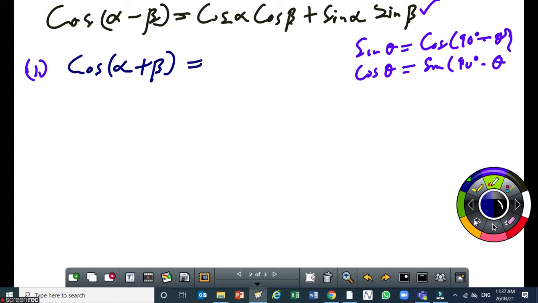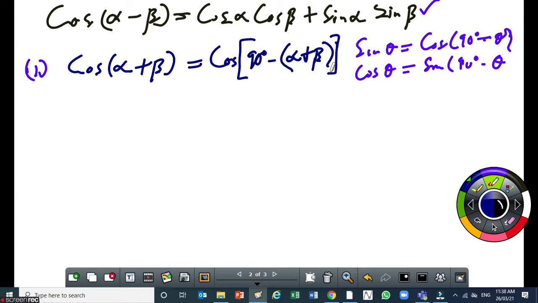So we are going to use that now. So I'm going to convert this and rewrite it as, make sure you look carefully, cos 90 degrees minus, because this is treated as one angle, that alpha plus beta is like this theta here. So you treat the sum as one angle, so you end up with 90 minus alpha plus beta, like that. Then you have to put a square bracket there, like this.